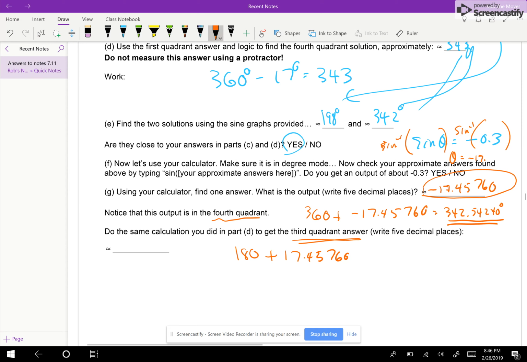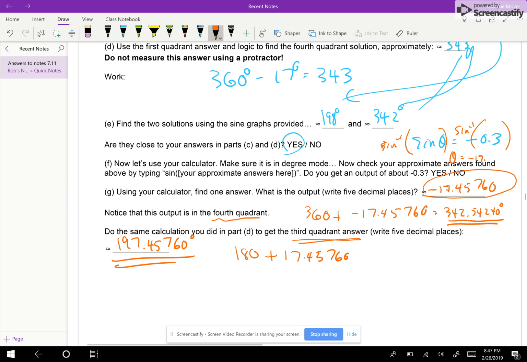So I'm going to go back, get negative 17, and I'm going to take 180 minus that answer and get 197.45760 degrees.